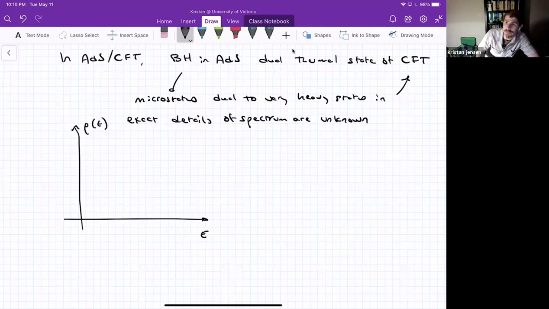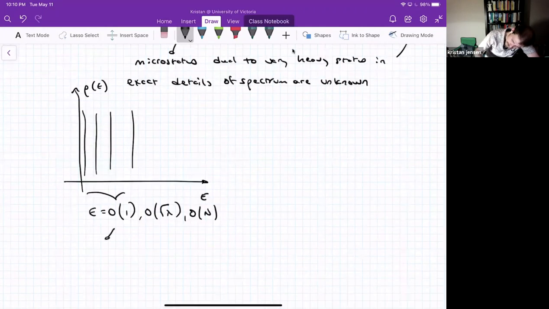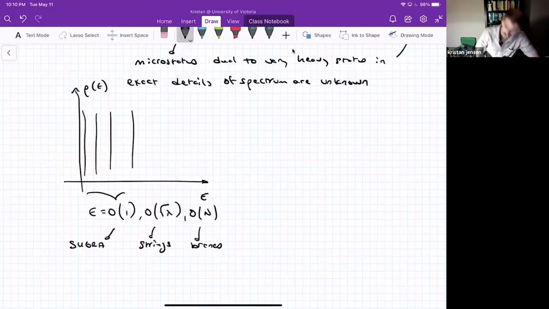What you get from gravity is very, very light states. So you see a Dirac comb of light states with energies of order 1, say order root lambda, with lambda the 't Hooft coupling, order n, dual respectively to fluctuations of supergravity modes, fundamental strings in AdS, and d-branes.